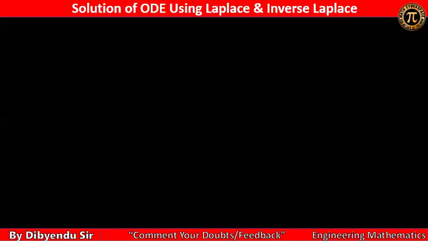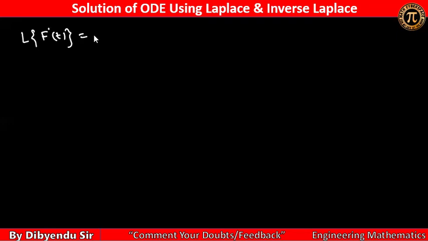So when you have to solve any ordinary differential equation using the concept of Laplace, you have to remember two formulas of Laplace transform of derivative. The first formula is Laplace of f dash t, you already know this formula.